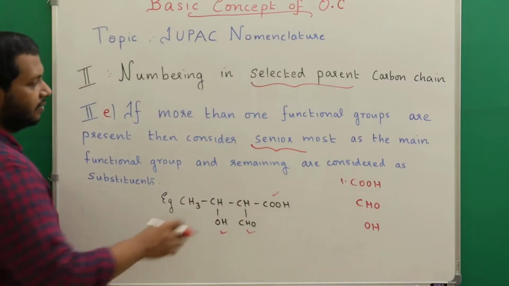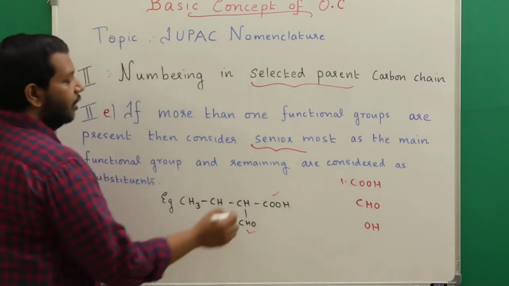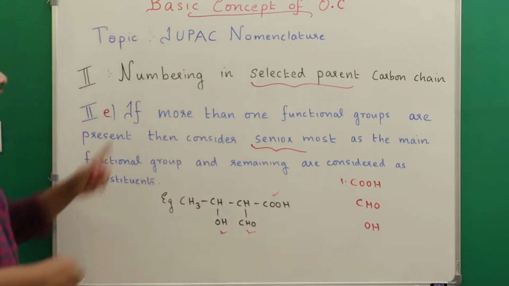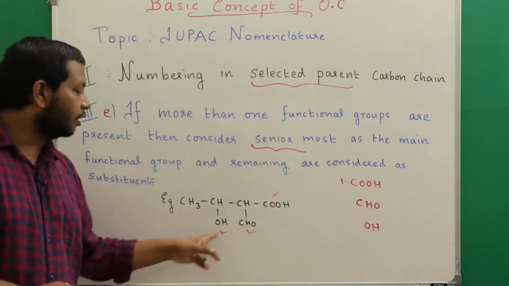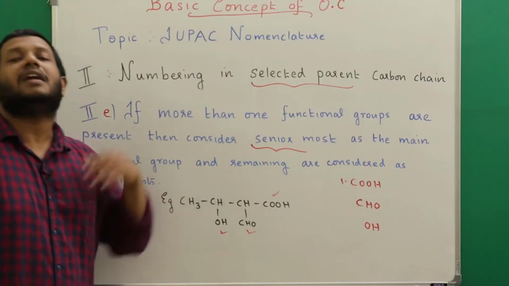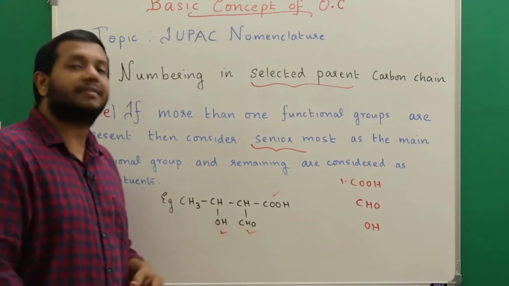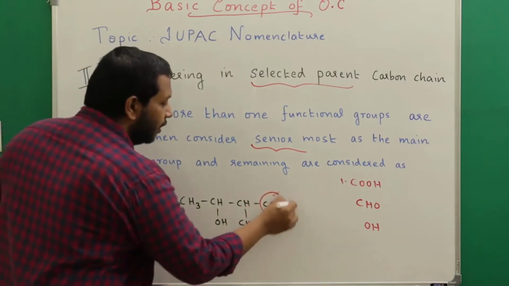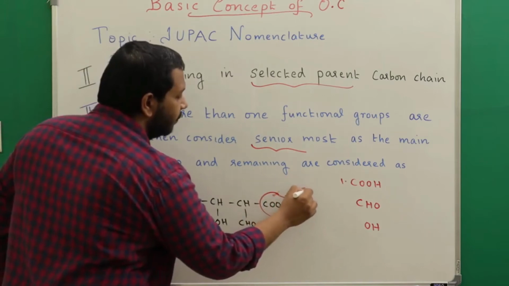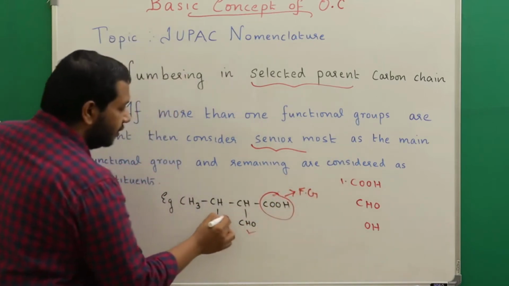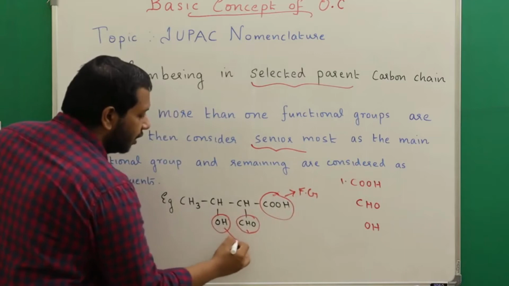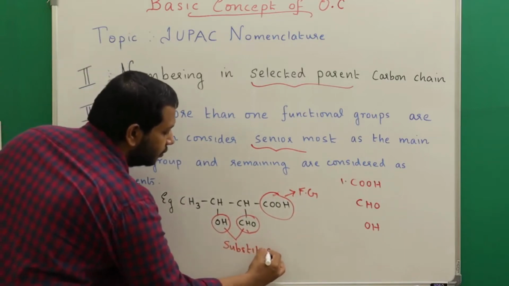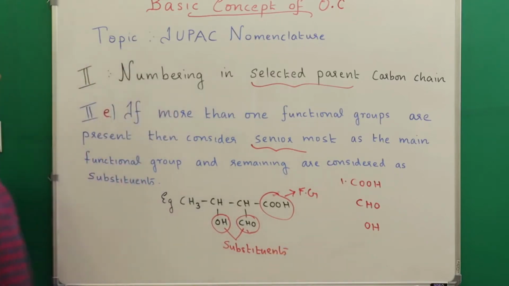So from this I will understand that COOH is coming first. So I will take this as my functional group. Then what is the rule saying? If that is the functional group, then the other functional groups should be considered as substituents. Very, very important. So here I will mark this as my FG, functional group, and both of these are substituents.